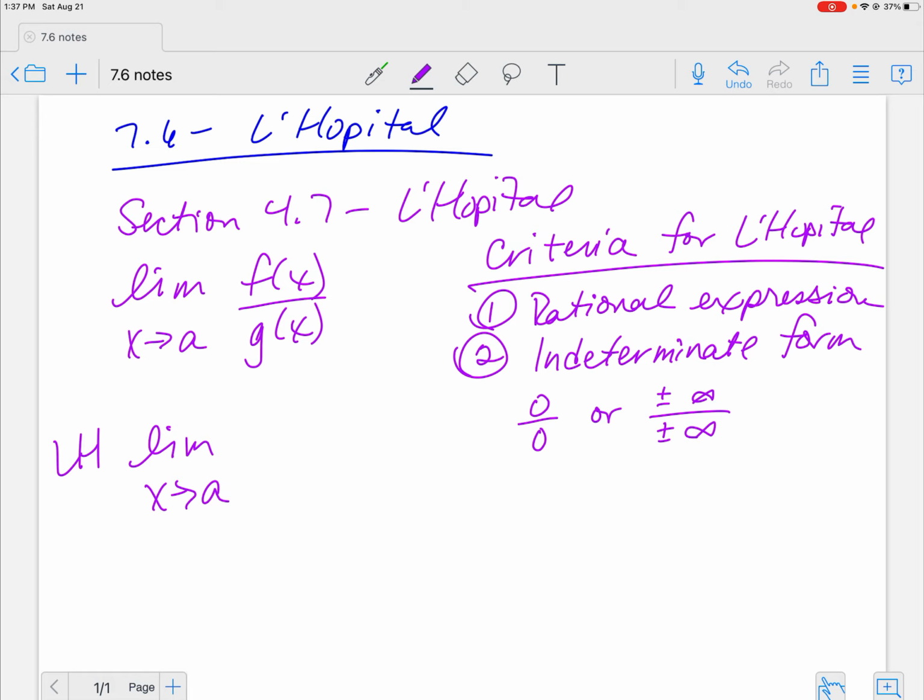You have to put something there to show that that is what you're doing, and that's how step 1 gets to step 2, because you then take that derivative. And if you get an indeterminate form again, you do L'Hopital again. If you don't, then that's your answer. So this is just that review of L'Hopital.